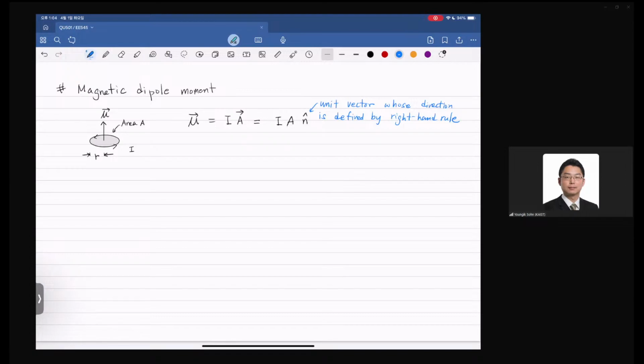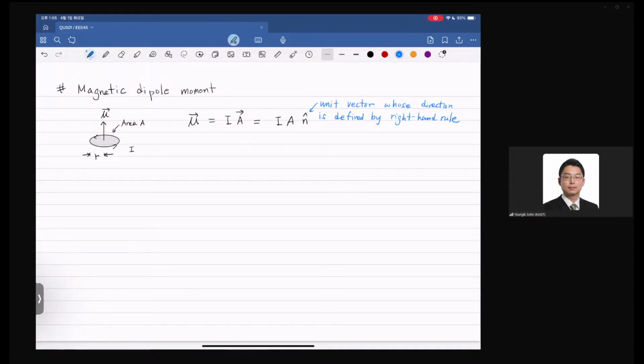Magnetic dipole, electric dipole, they are important in many senses, but when it comes to material study, a material's permittivity or refractive index all boils down to what kind of electric dipole you have at each point inside a solid. Similarly, for magnetic material, it's a matter of how much of these are inside your solid state material. That determines its magnetic property. So it's a basic building block of electrical or magnetic material.